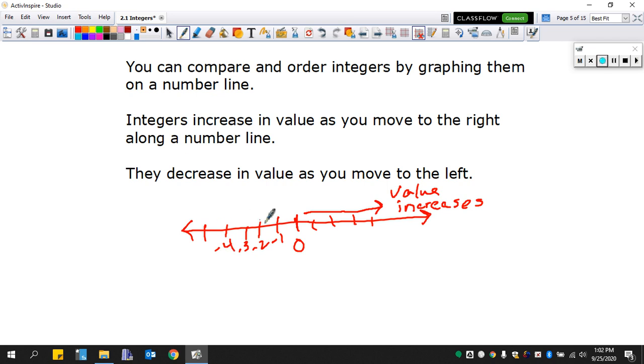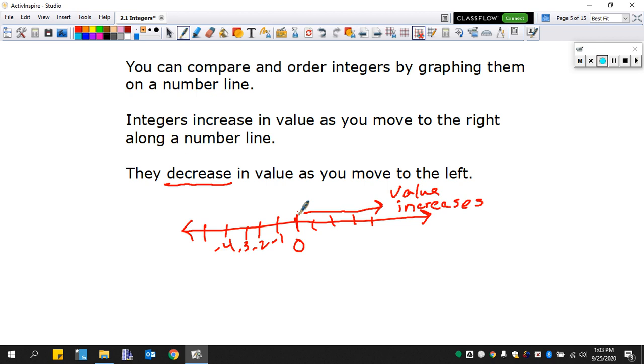In this case, we could say -2 is larger than -3, or -2 is larger than -4 because it is further to the right. So integers increase in value as you move to the right along the number line, and so the opposite is also true. They decrease in value, they get smaller as you move to the left.